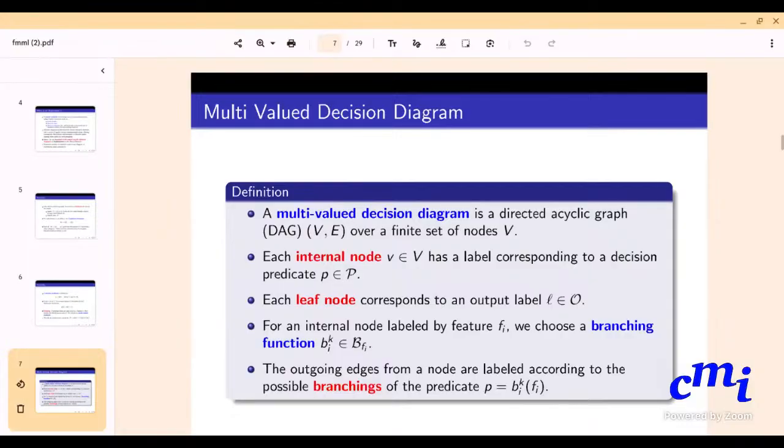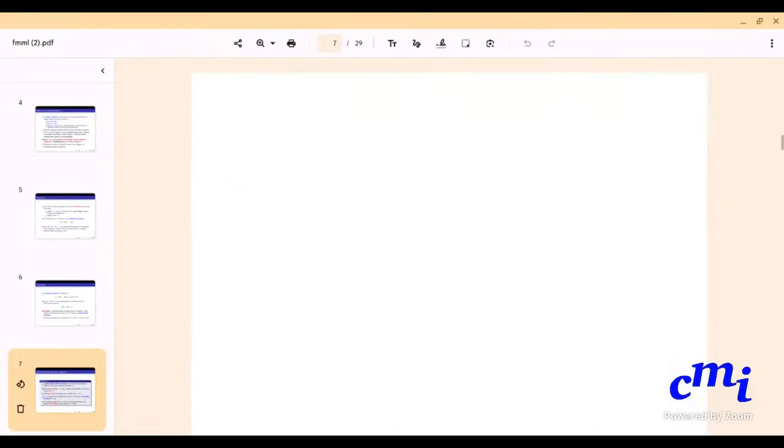In a decision diagram, only the number of nodes needs to have an upper limit, as I specified earlier. More than one node can take similar labels. The leaf node corresponds to an output label, and for an internal node labeled by the feature fi, we choose a branching function and apply the corresponding predicate, making the edges basically the branchings, and the outgoing edges are labeled accordingly. So this is a multi-valued decision diagram.